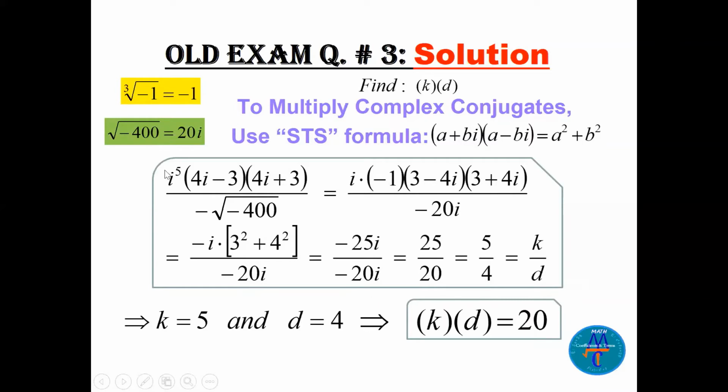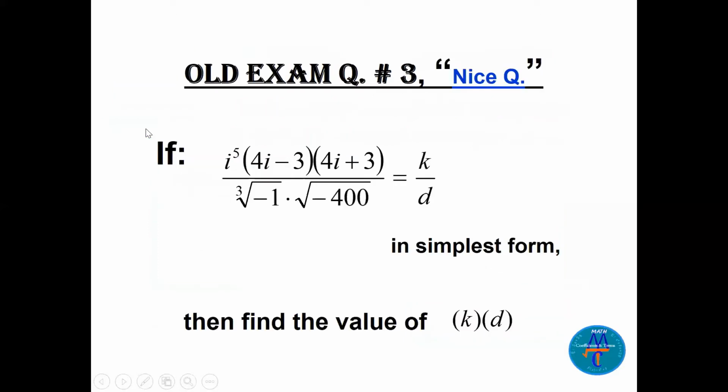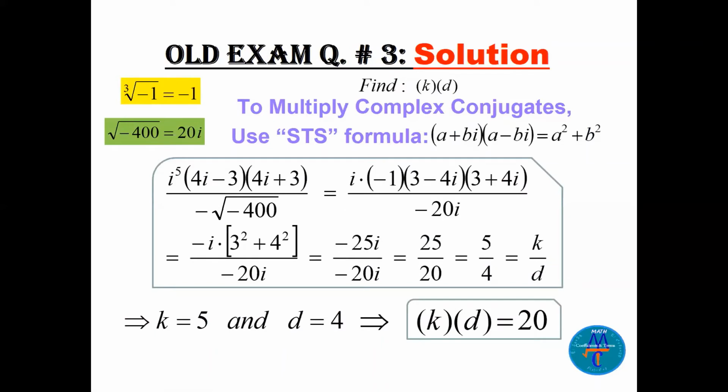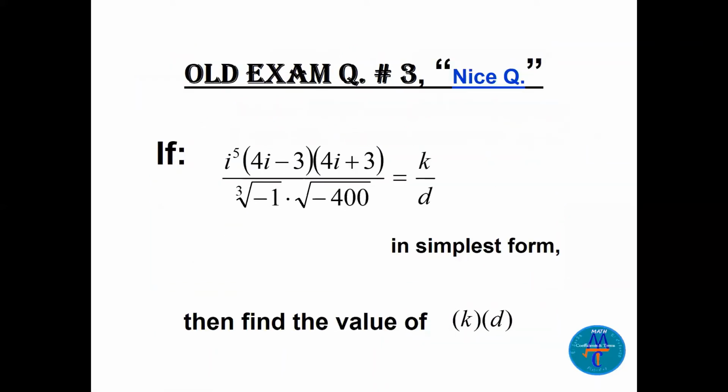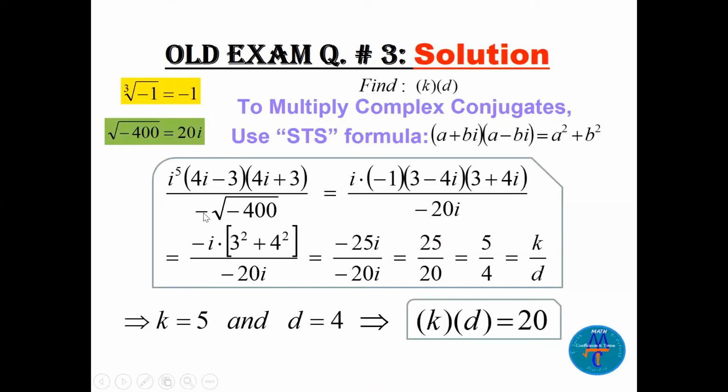Now i to the power 5, we know it's i. When you divide by 4, the remainder is 1. And there is a minus here. The square root of minus 400 is 20i. You see that one is 20i. Now what about the cube root? Down here there's a cube root of minus 1, so you have a minus.